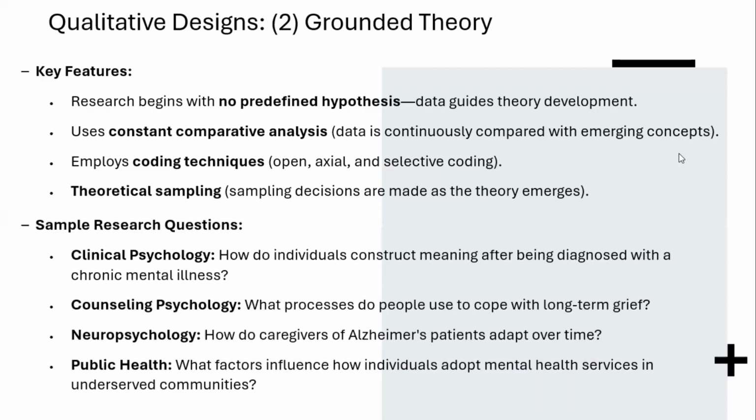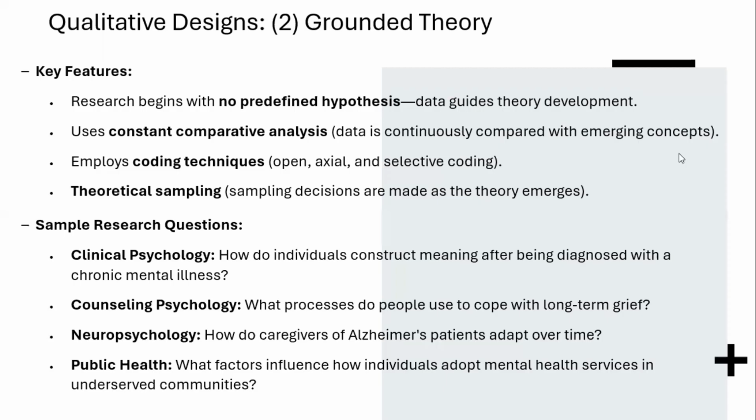So in clinical psychology, for example, how do individuals construct meaning after being diagnosed with chronic mental illness? You can use grounded theory to do this. What process do people use to cope with long-term grief? You can use grounded theory to do this. How do caregivers of Alzheimer's patients adapt over time?